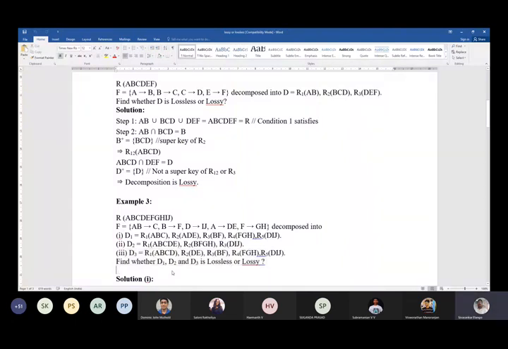And again, you need to check whether the decomposition is a lossy decomposition or a lossless decomposition. So again, someone can come forward to work with the third subdivision.